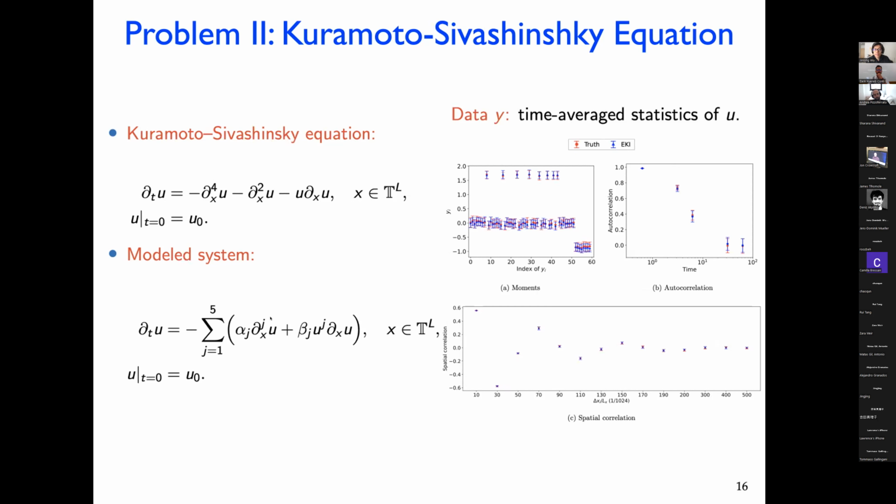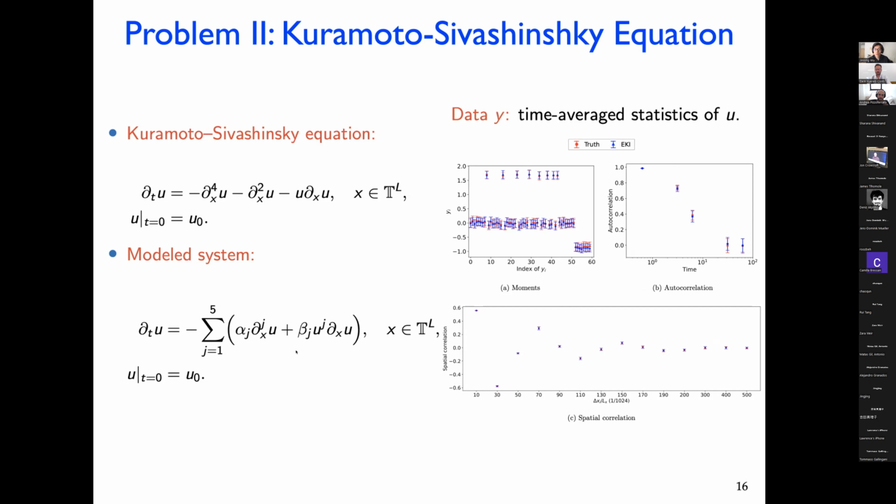For the model system, we assume that we don't know the dynamics of the KS equation, and we try to mimic these dynamics with some linear combination of different orders of derivatives of u. More specifically, we try to incorporate both linear and nonlinear terms up to the fifth order derivative of u. And the parameters alpha j and beta j here are unknown to us.